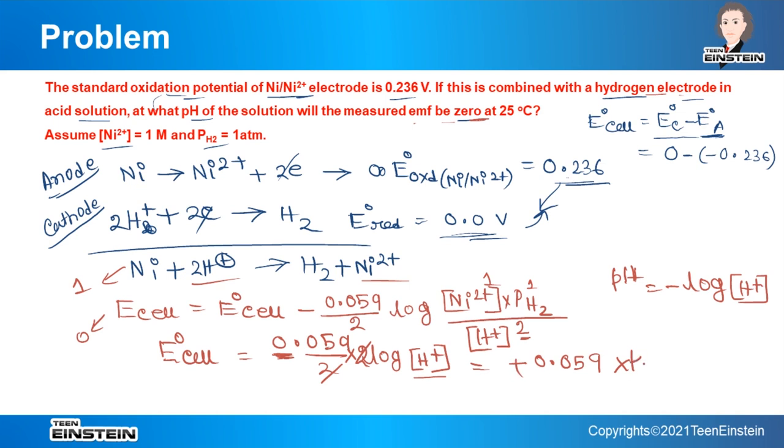So this is the pH, and E naught cell is 0.236. So 0.236 equals 0.059 into pH. So pH is basically 0.236 divided by 0.059. And if you do it, you will find pH is 4. So this is the answer. It is actually an integer type of problem.